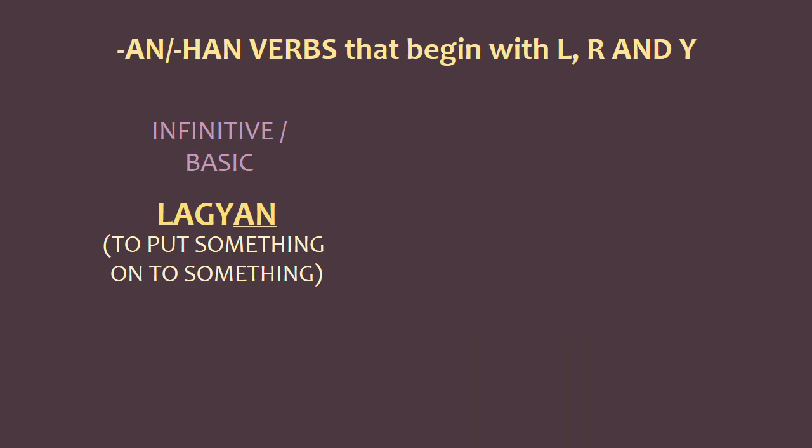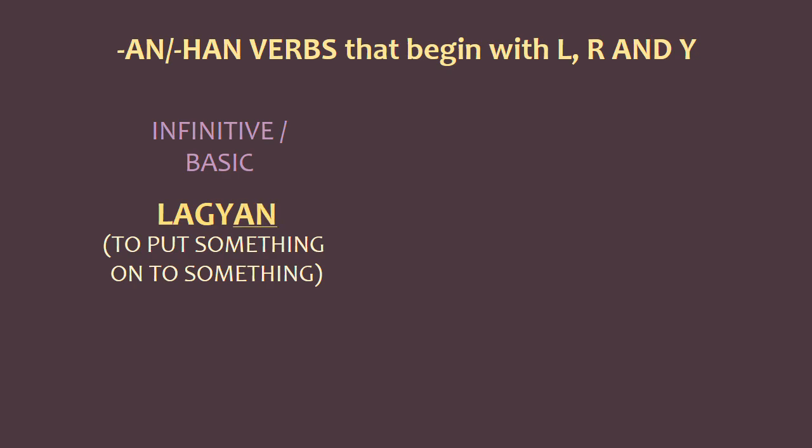And this one is an irregular an verb, because remember when I said that to get the verb root, you simply remove the an or han. But for this one, if you remove the an, it'll leave you with this. But the root word of lagyan is really lagay, put. So that is what makes it irregular.